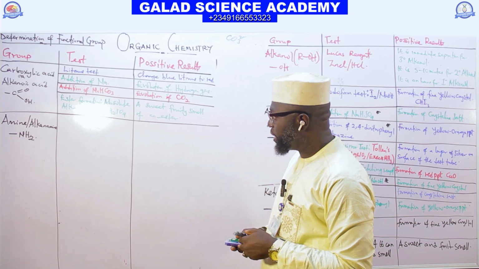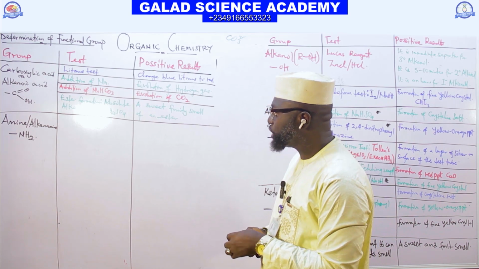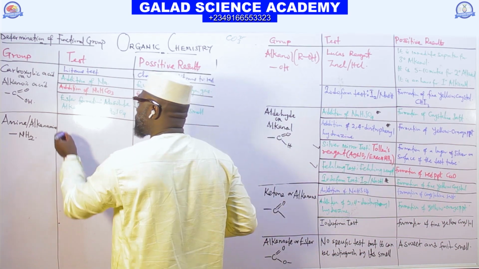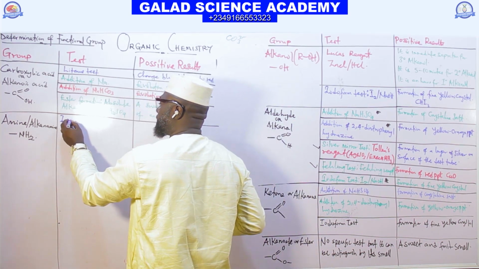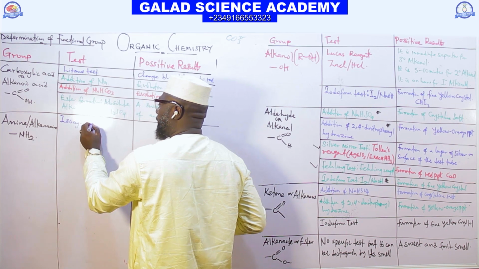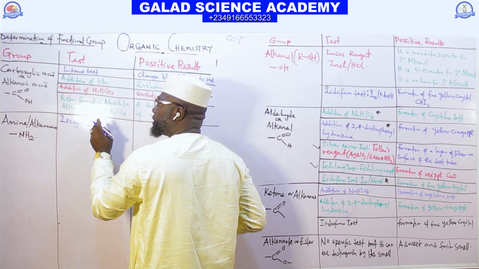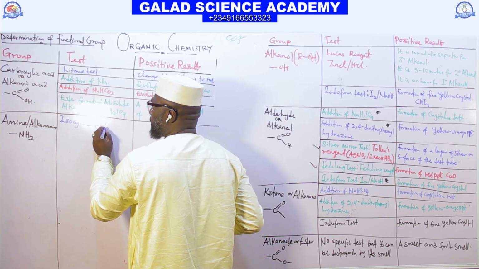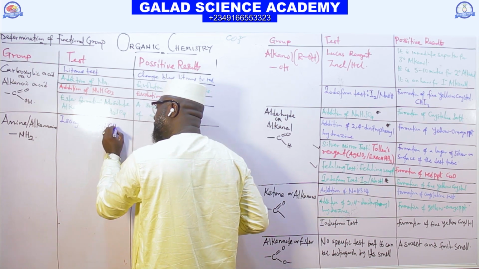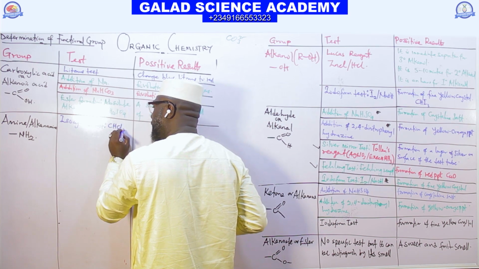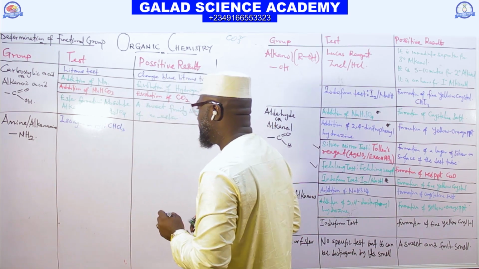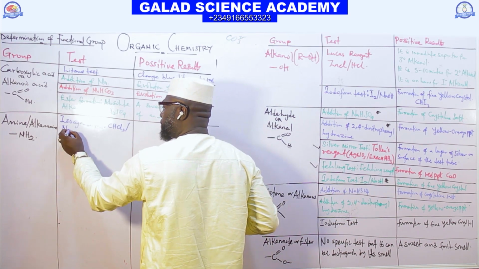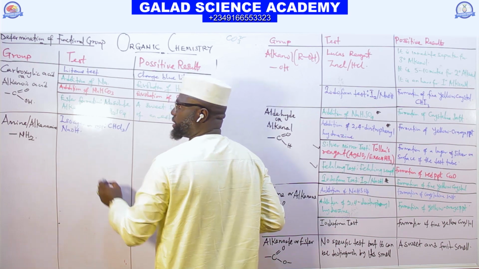The test for amine can be achieved by the isocyanide test, which comprises CHCl3 in the presence of sodium hydroxide.